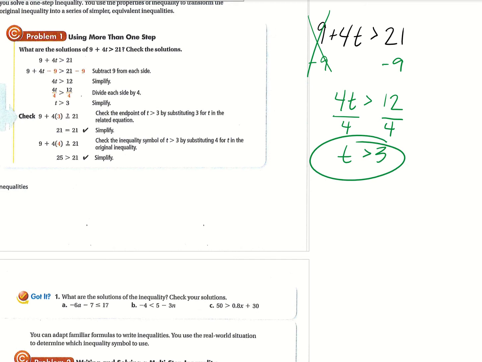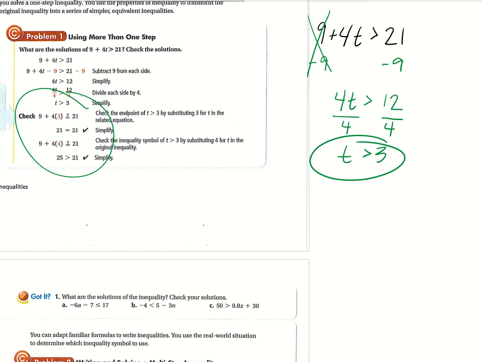And that is it for that one. Again, you could check just like they do here, the exact same way that you would for an equation, if you want to make sure that a number is a solution.